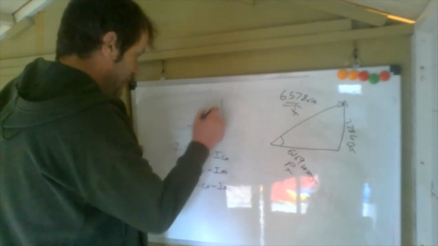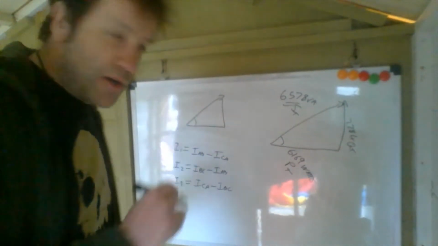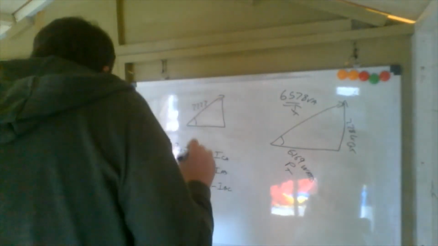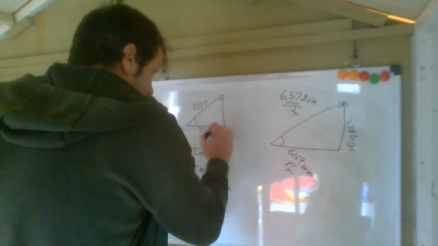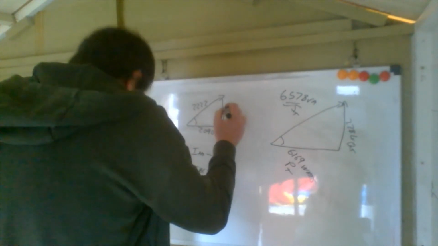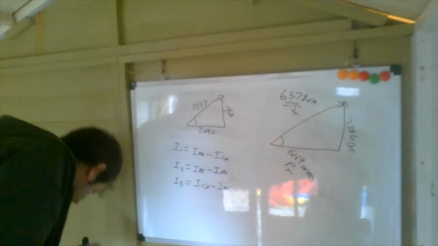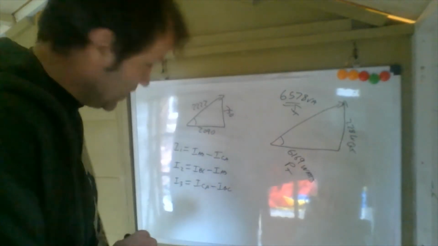It kind of looked like that. It was 2222, 2090 and 754. Oh, was that 754? Yeah, that was 754 as well, fair enough.